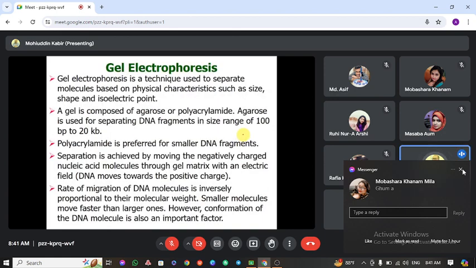Now, electrophoresis, because agarose gel electrophoresis is a required component in RFLP analysis.